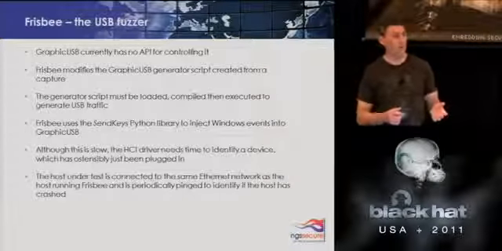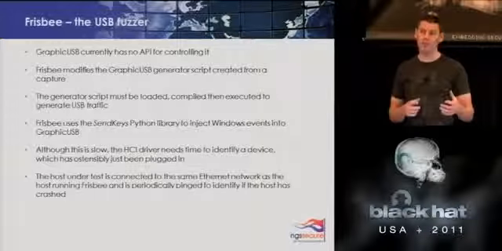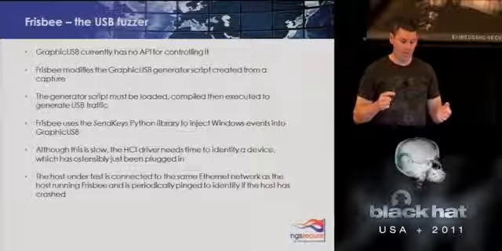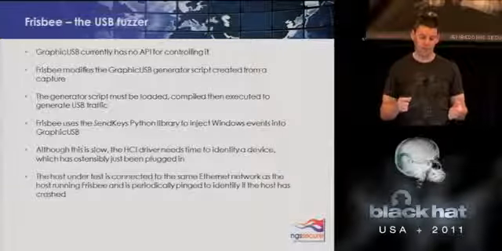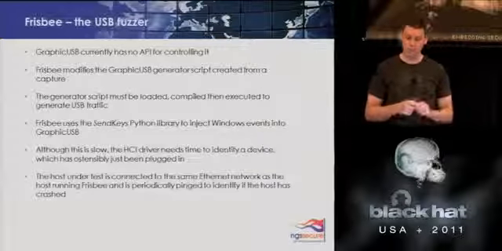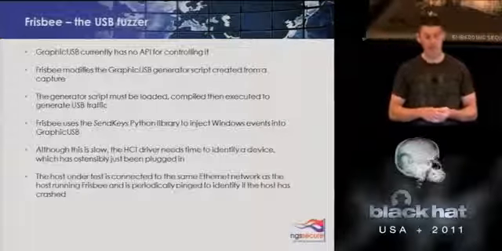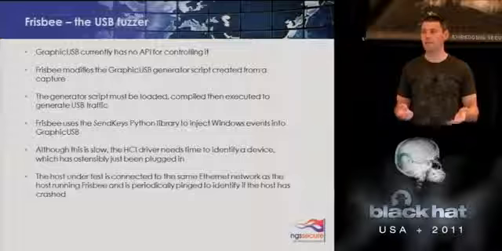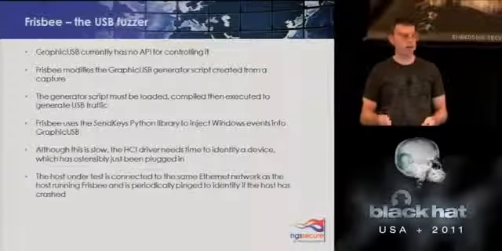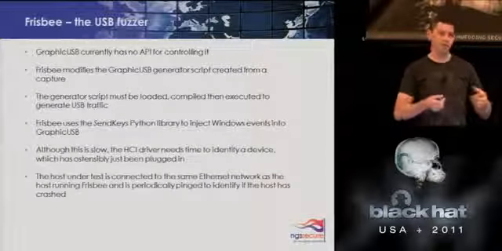For example, you can't fuzz more than one test case every 6 seconds. I discovered that if you try fuzzing any faster than 6 seconds, which I could do with my Arduino, the USB host controller code in most cases just can't keep up, because the host controller is expecting a human being to be plugging in a USB device, and then it sits there and goes through its enumeration phase.